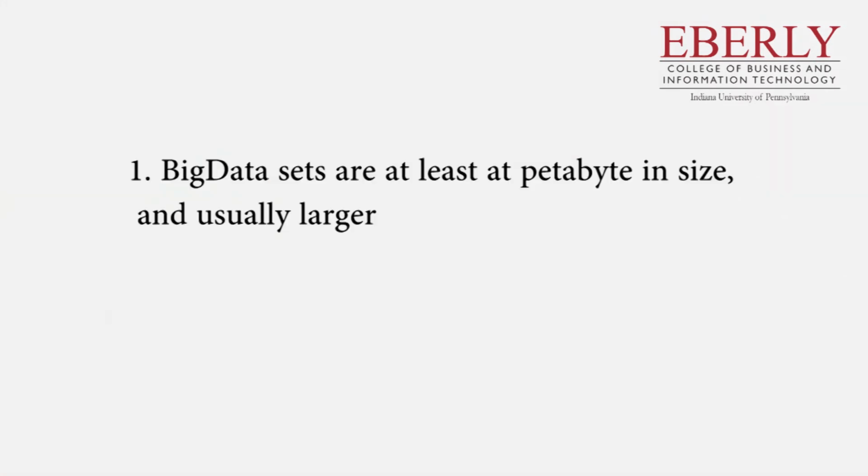Big data is a term used to describe data collections that are characterized by huge volume, rapid velocity, and great variety. Other characteristics: 1. Big data sets are at least a petabyte in size and usually larger. 2.